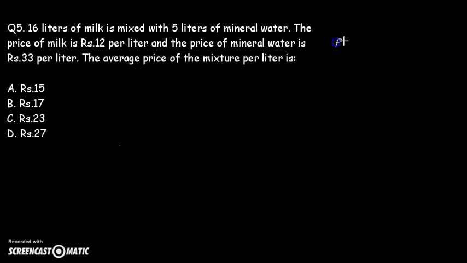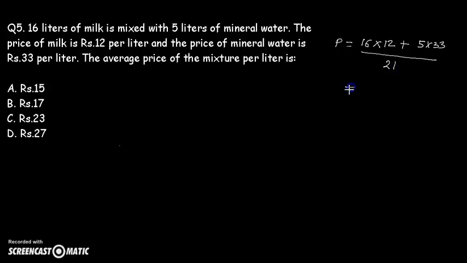which will give you the price P as 16 multiplied by 12 plus 5 multiplied by 33 divided by total weight, which is 21 liters.